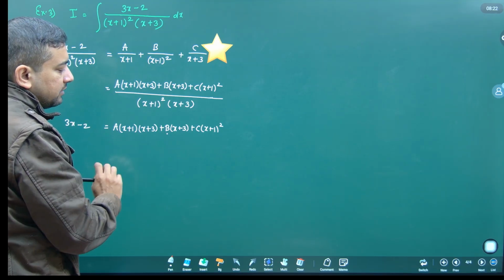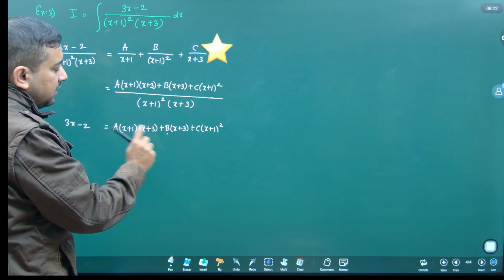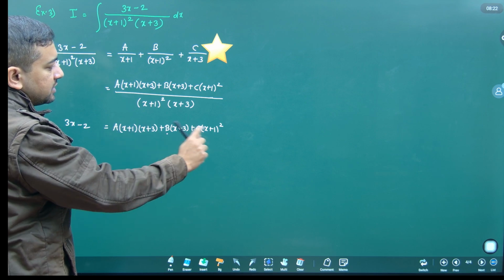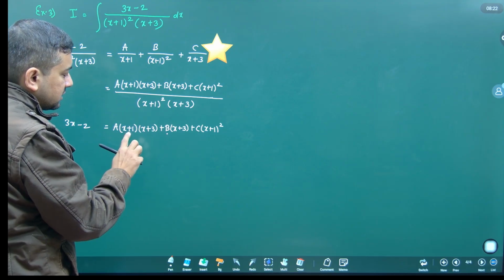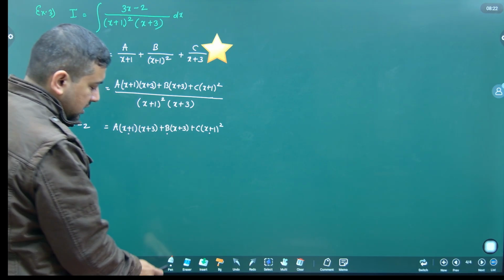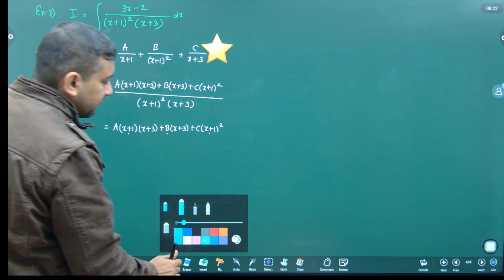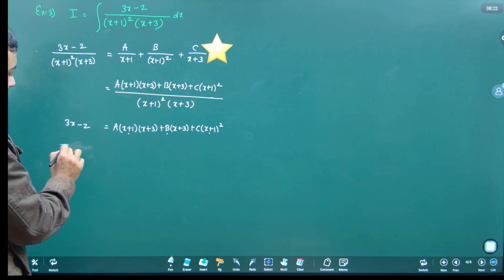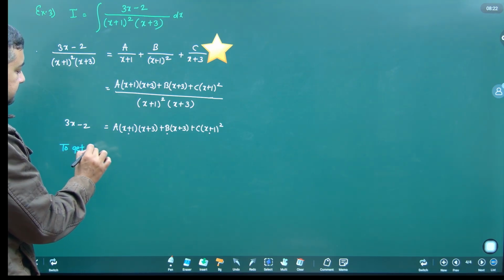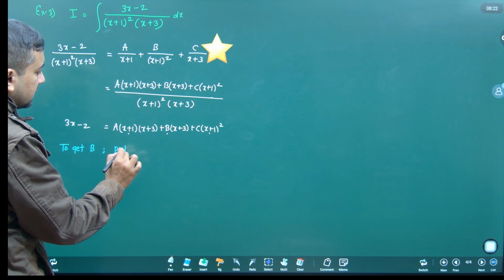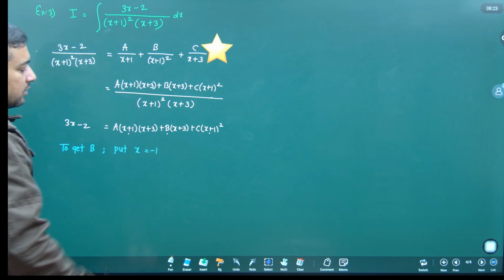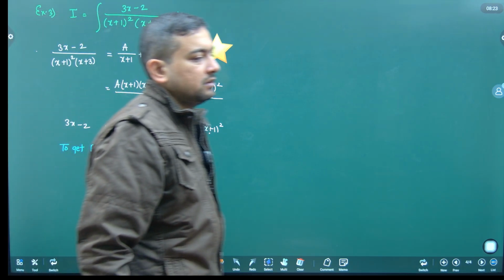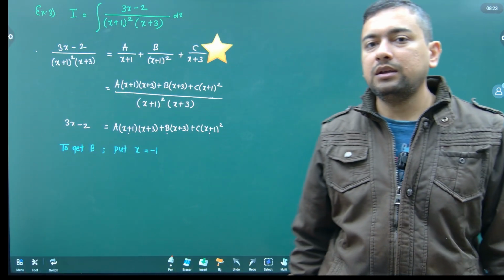Let us come to B. If I want to find B, I will make A term 0 and C term 0. Is anything common in A and C? Yes. What is common? x plus 1. So instead of finding A first, I will find B. I have to put x equal to minus 1 to make it 0.